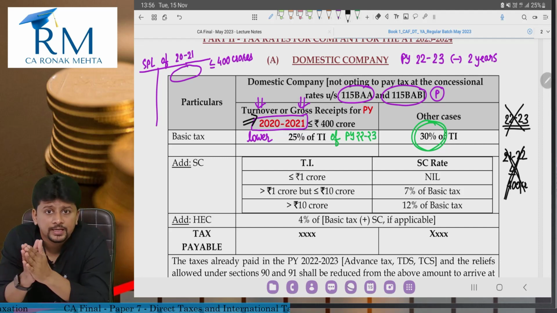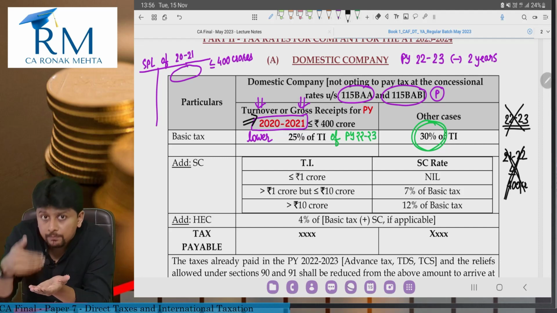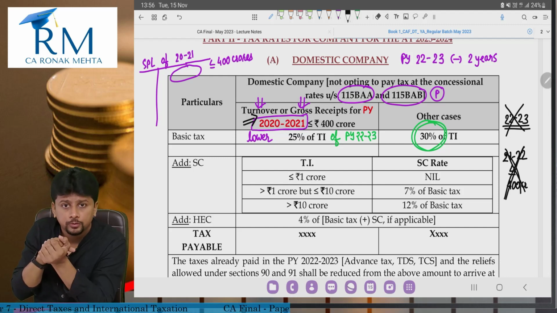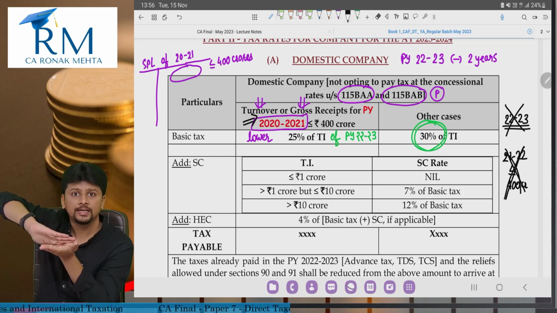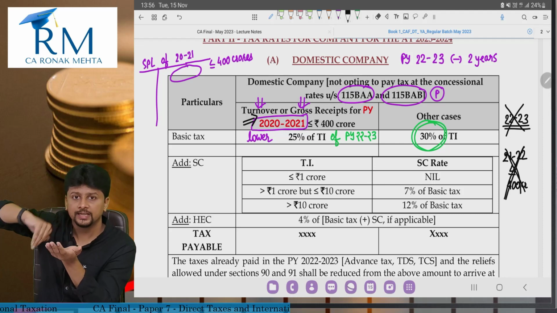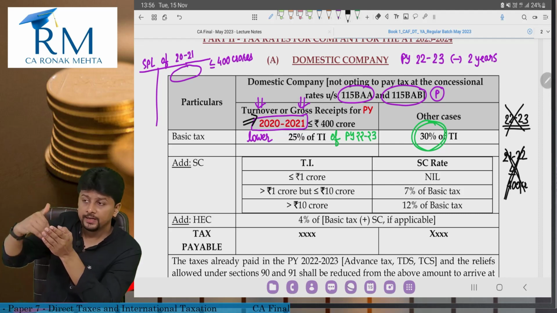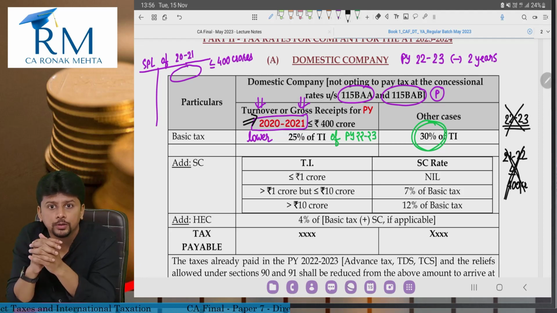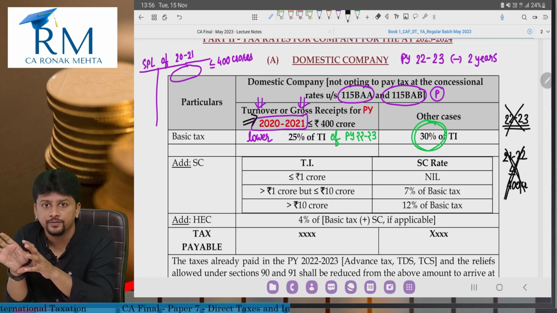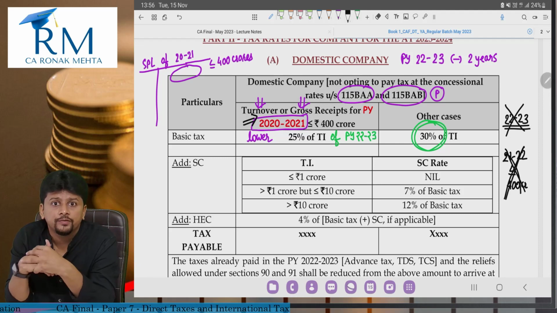This will impact your surcharge calculations also, because surcharge is calculated on basic tax. Instead of 30, if your basic tax is 25, so surcharge also gets reduced. Then it will have an impact on your overall tax effect also. So it's not just a 5% ka benefit. The benefit is much more than 5%.